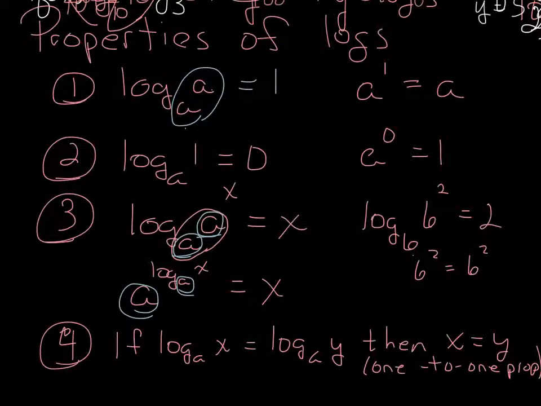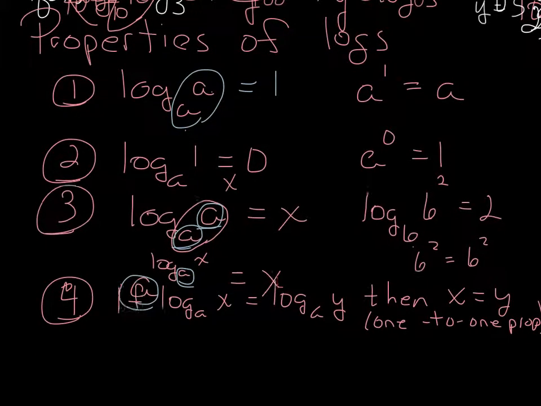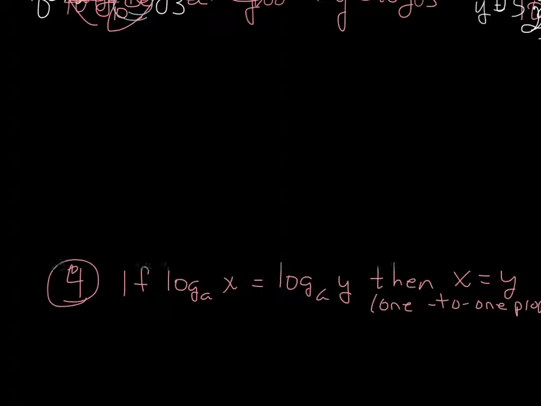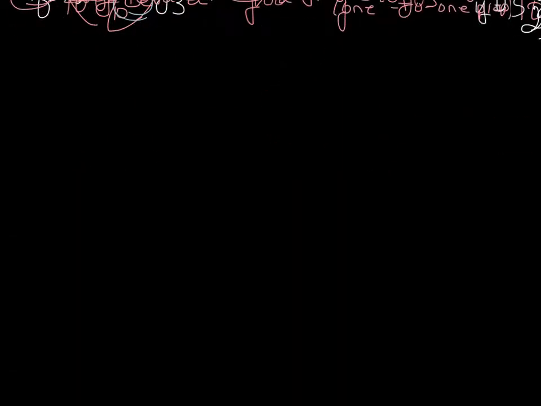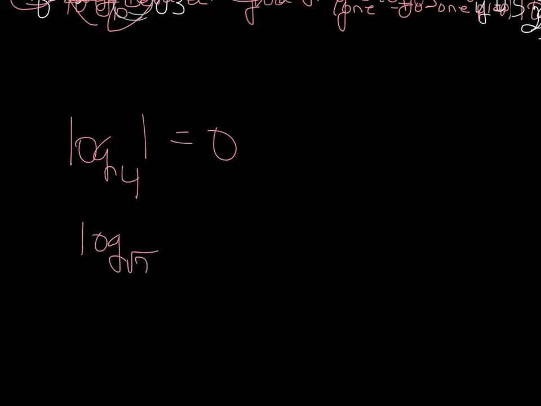So let's look at a couple of examples real quick. Log base 4 of 1. What does that equal? 0. Log base square root of 7 of square root of 7. 1.